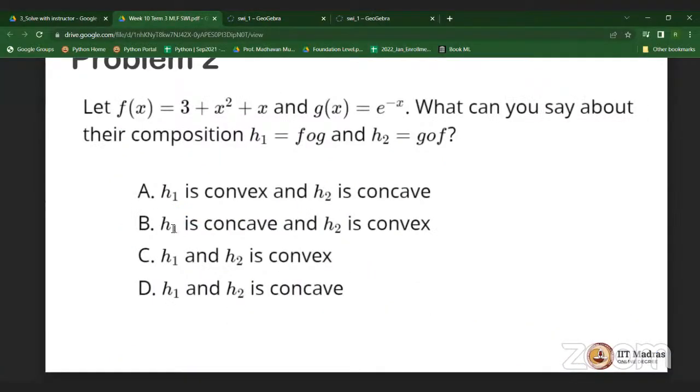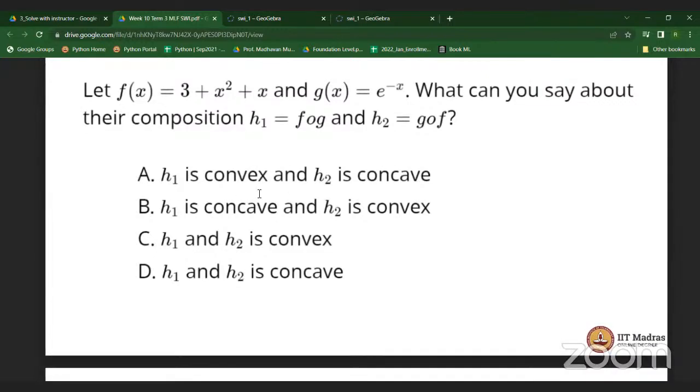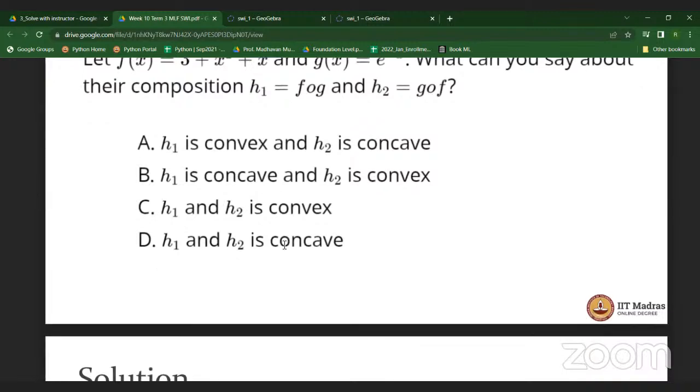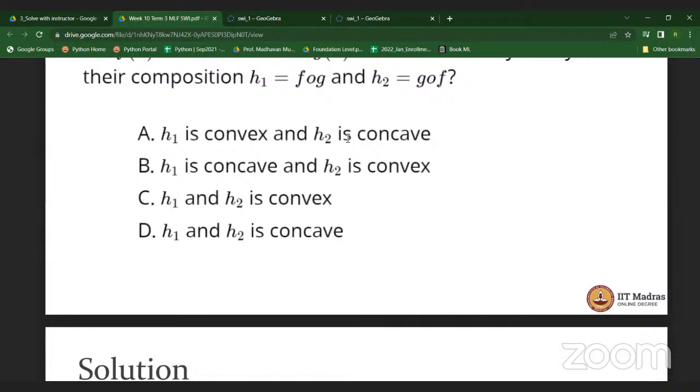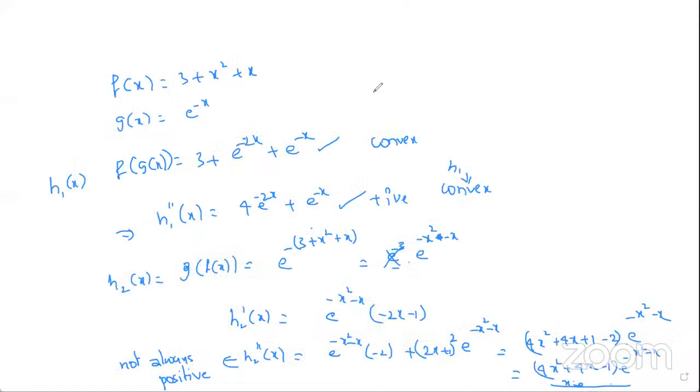Okay, h1 is convex and h2 is concave. h1 is concave and h2 is convex. So if it is not convex, then it is known as concave. No, actually, ideally that's not the case.